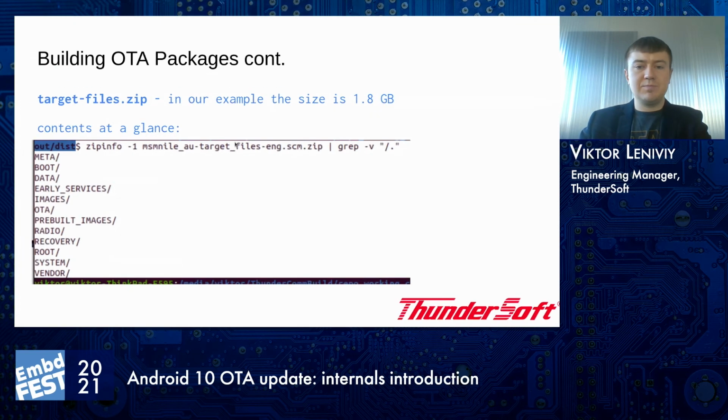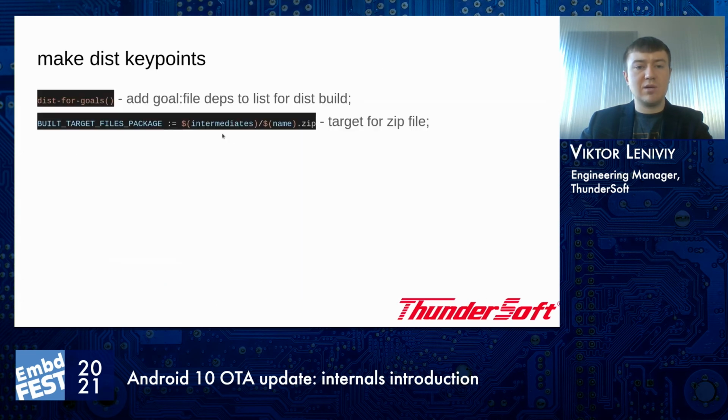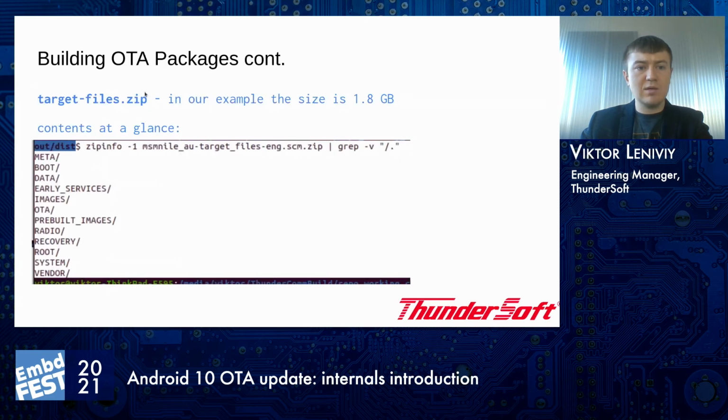So, let's get back. After you run this first command, make dist, you get the target files zip on the output. And here are the internals of this target files zip, just for reference. You can see the list of folders, and the size is 1.8 gigabytes in our case for our platform.